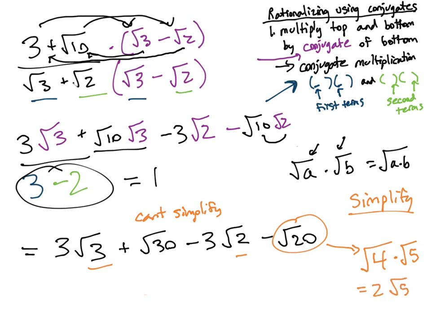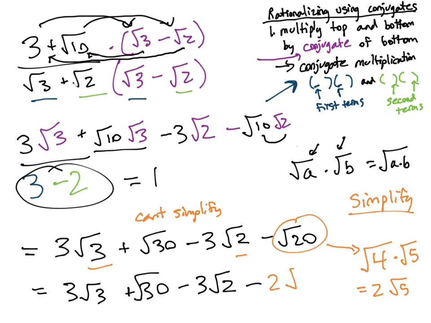So this is 2 times the square root of 5. So we could write our answer a little bit simpler as 3 root 3 plus root 30 minus 3 root 2 minus 2 times the square root of 5.